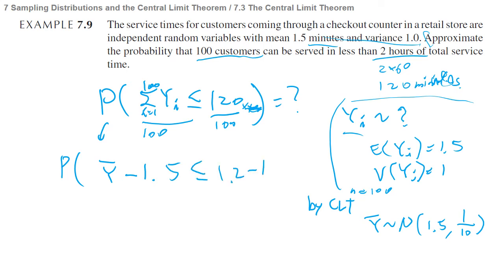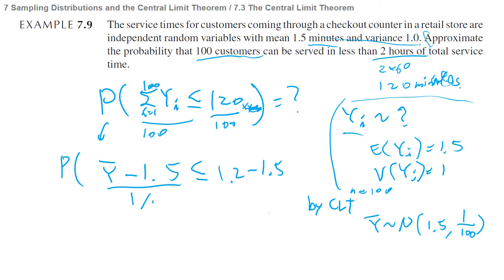1.2 minus 1.5, and divide by 1 over... actually, this is 100. This is variance.